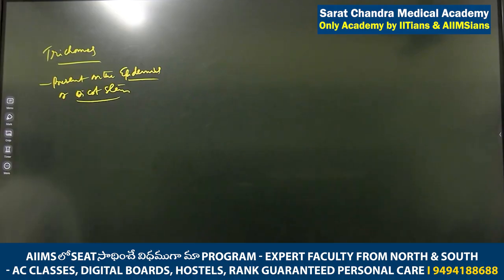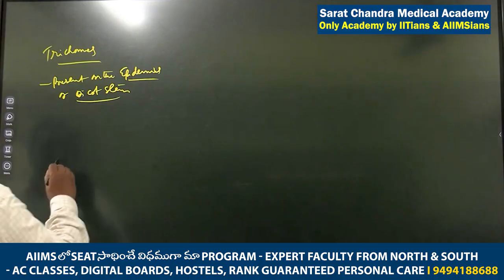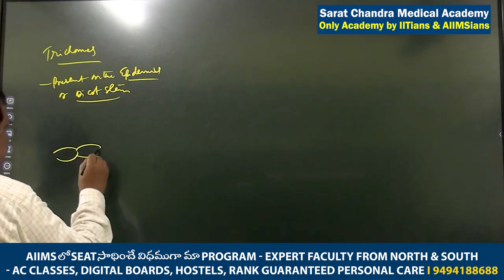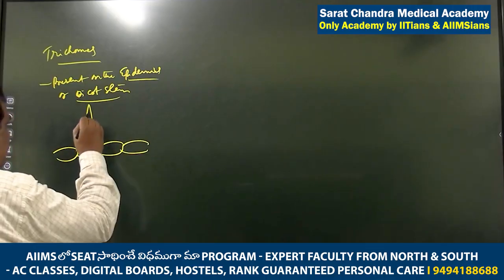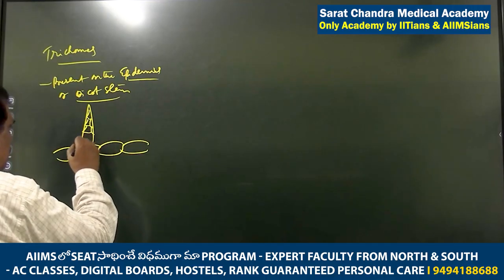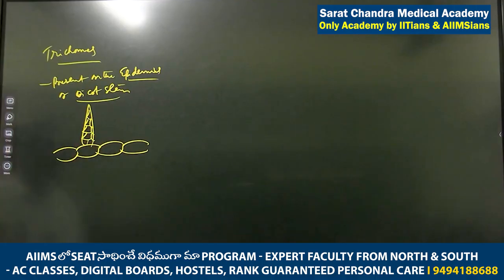Trichomes are absent in monocots and also in roots. They are absent on the epidermis of monocots and also on the epidermis of the root. Present commonly on the epidermis of the dicot stem. What is a trichome? It is the additional appendage present on the epidermis of the dicot stem. This is the additional appendage. That is a trichome.